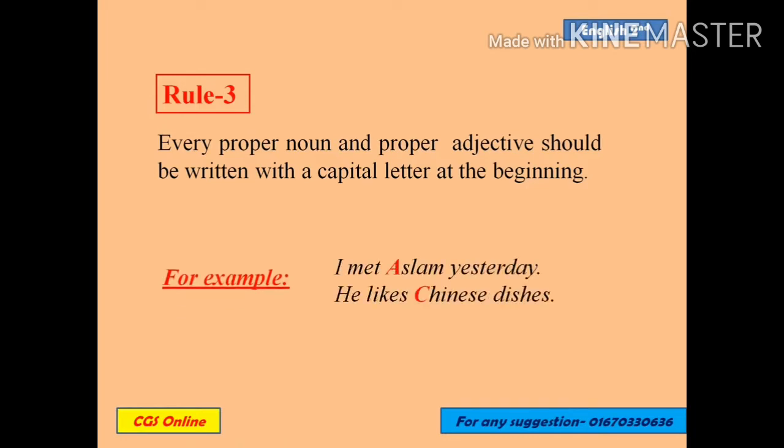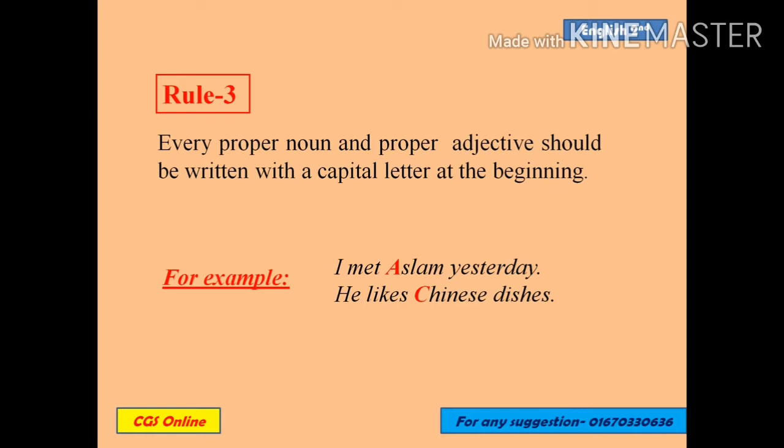I met Aslam yesterday. He likes Chinese dishes. I met Aslam yesterday. You know, Aslam is a proper noun. It is a specific name of a person. So Aslam is a proper noun, and that's why A is written in capital case.